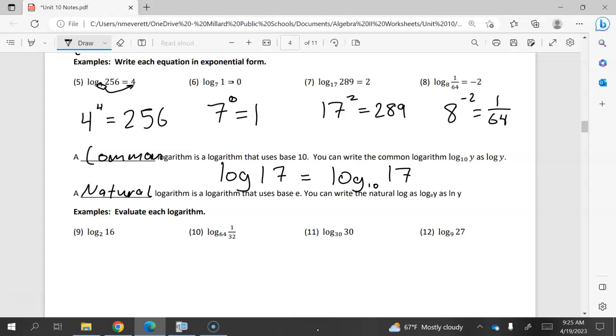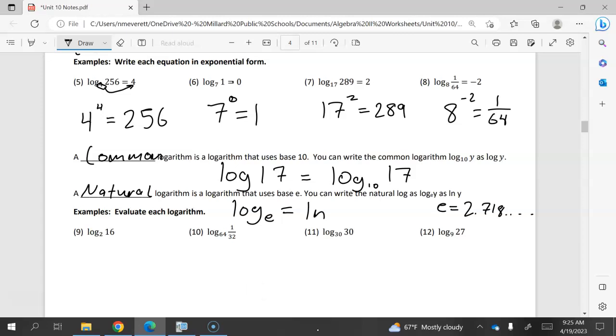So it's log, and then there's an invisible 10 being covered up, of 17. And now the natural logarithm, that is log that uses base e, log base e. If you remember, e is roughly equal to 2.718. We're going to call that the natural log, and that is the same as just ln.